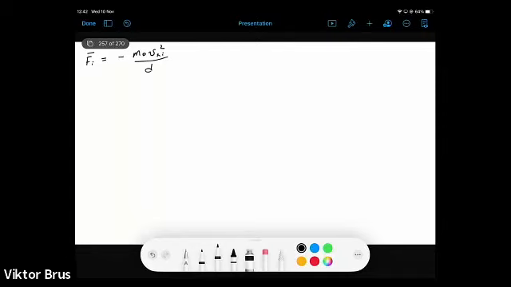What is the statement of the third law of motion? Third Newton's law. Yeah, we have a reaction force, which is equal in magnitude, but opposite in direction.